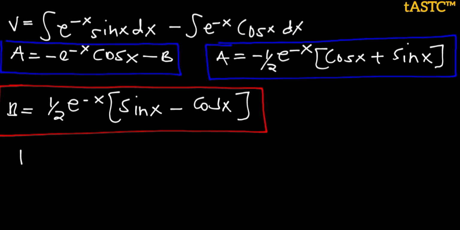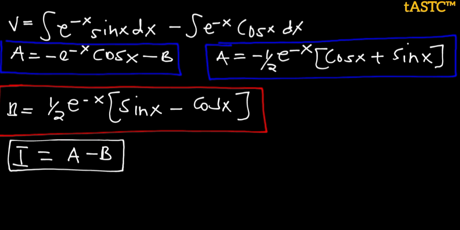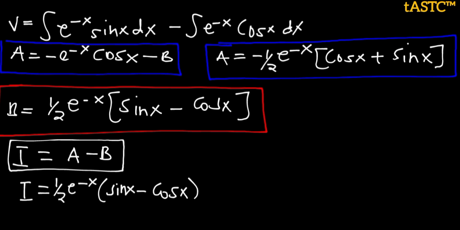Now remember, we wanted to find I, and I was equal to A minus B. Remember that? So we're going to bring that in now. And so I is equal to A minus B. So we need to work that. So this is going to be 1 over 2 e to the negative x, and we have a sine x minus cos x.